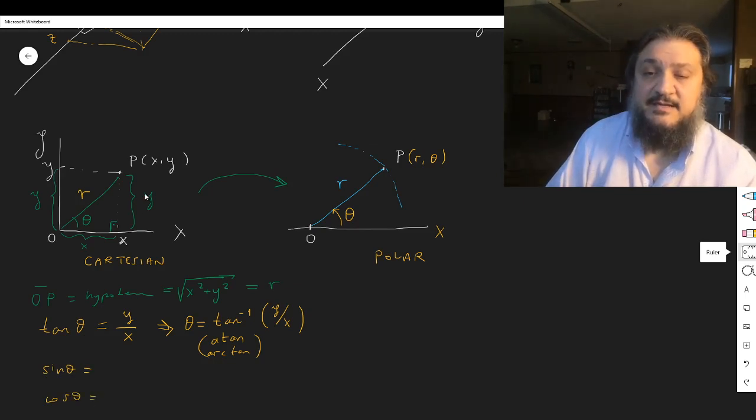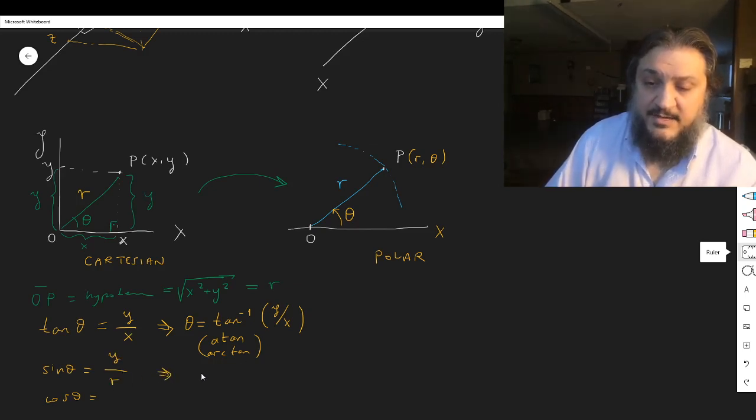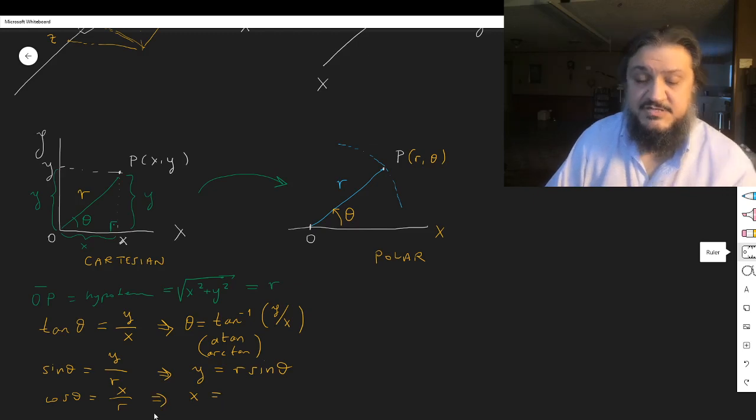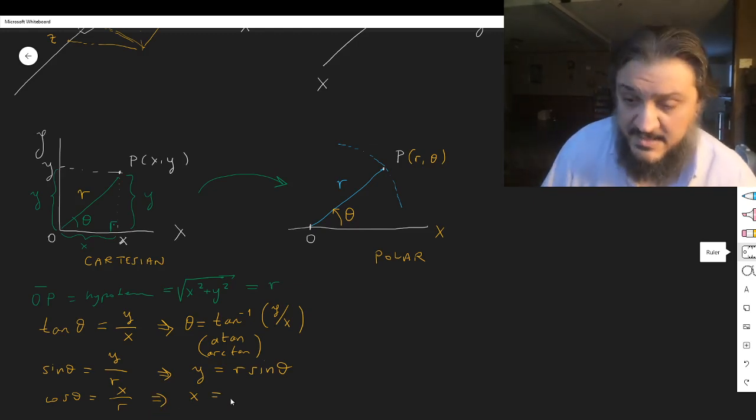Now sine theta is side opposite, which is y, divided by hypotenuse, r. If you solve that equation for y, you get y equals r sine theta. And cosine theta similarly will be equal to x over r. Therefore, if you solve that equation for x, it is r times cosine theta.